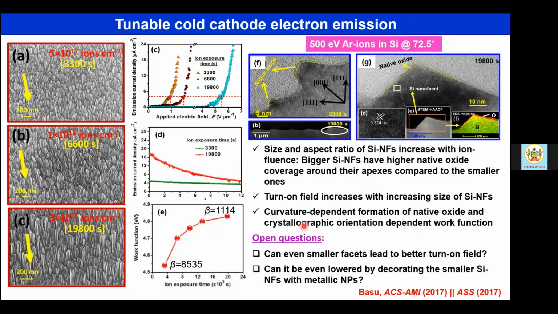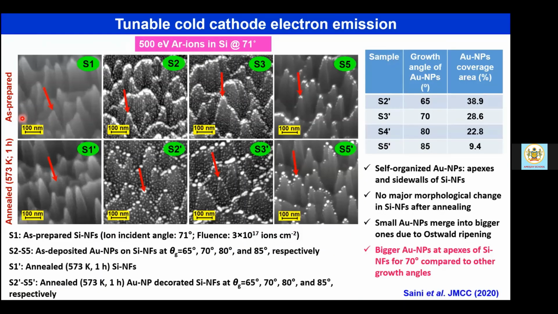That's why, the smaller the dimension of these facets, the curvature-dependent native oxide formation probability reduces the presence of native oxide compared to the bigger facets, when it starts becoming wider. And that's the reason we can never avoid the formation of a very uniform native oxide on a flat, pristine silicon surface. It's curvature dependent. So the smaller the facet, depending on the curvature-dependent native oxide formation probability, the smaller facets actually do much more havoc in terms of field emission performance, and in the absence of native oxide.